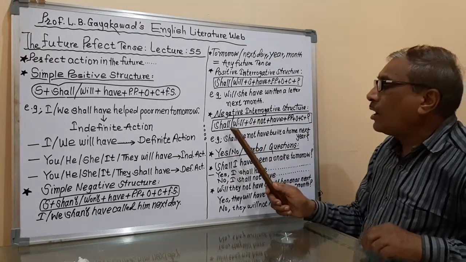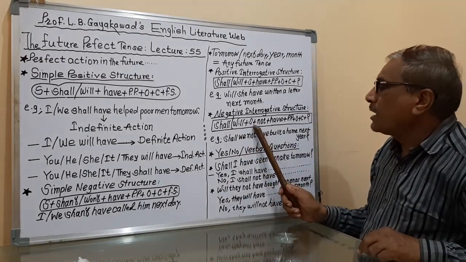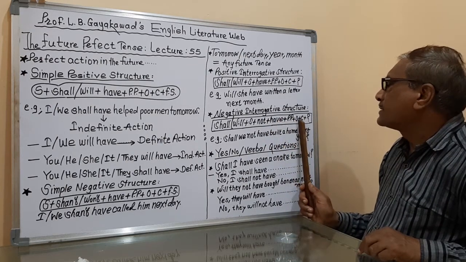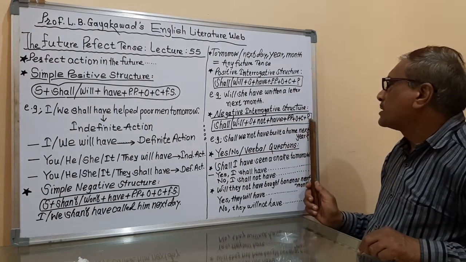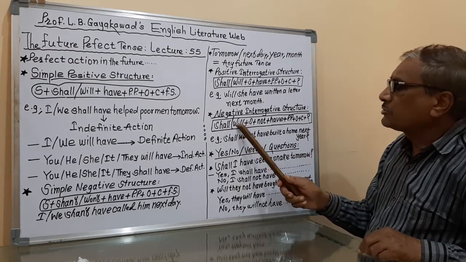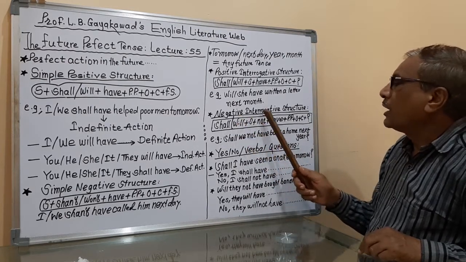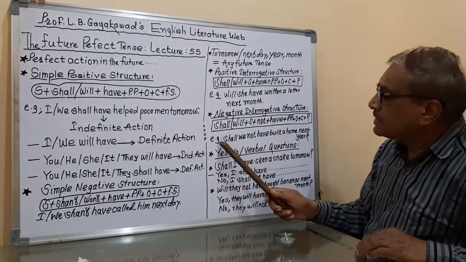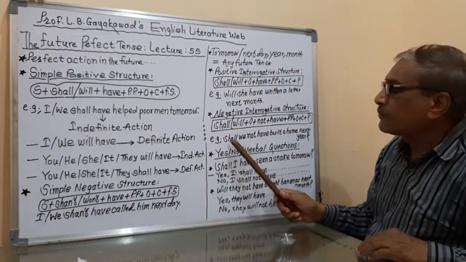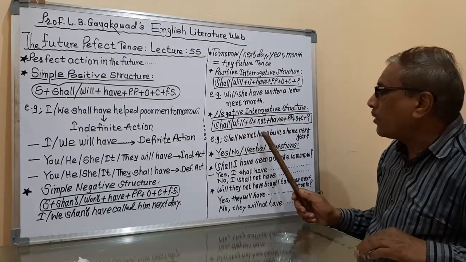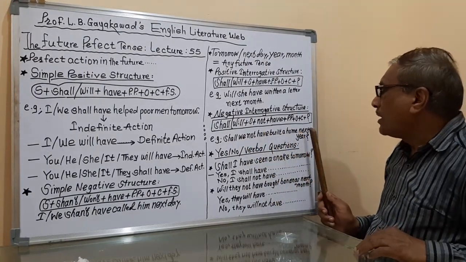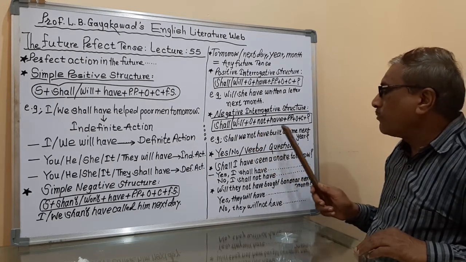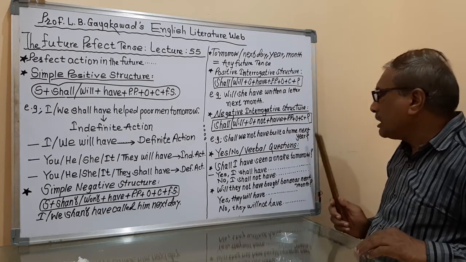So: shall or will plus subject plus not plus have plus pp plus o plus c plus question mark. This is the structure of the negative interrogative structure or question. So for example, we will say here: shall we not have built a home next year? Shall we not have built a home next year?